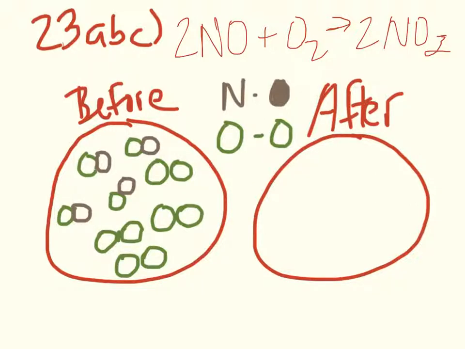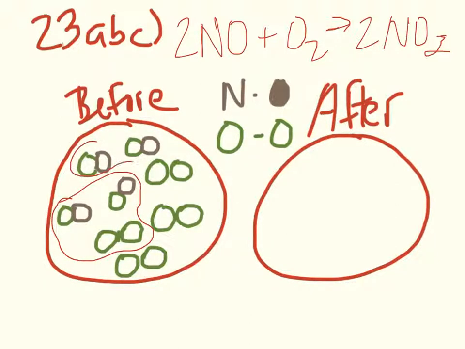When I look at my equation, I'll use green here to circle everything. Now we'll use red. This is my recipe. To make what I need to make, I need 2 nitrogen oxides and 1 oxygen gas.